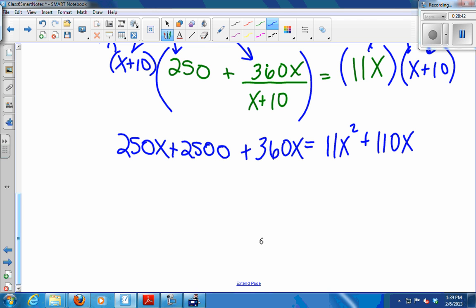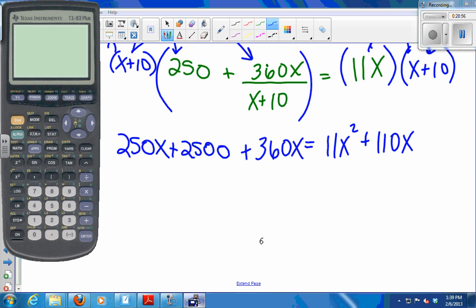All right, so now I combine all my terms onto one side. This is a quadratic, so I'm going to have 11x squared. I have 110x here. Let me get my calculator so I don't lose track. Okay, so I have 250x and 360x. Add them together, and I get 610x, but then I'm going to subtract that from both sides of the equation.